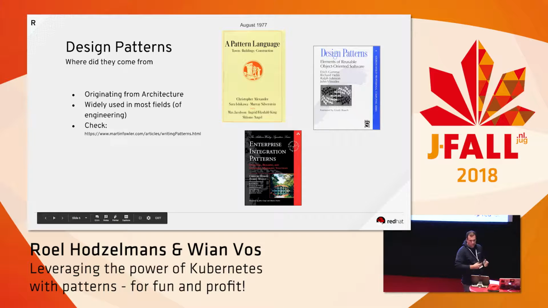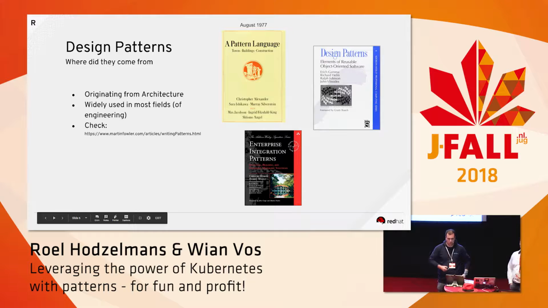We've got a long tradition, even outside the software world, but in the software world, you see some of the most common ones up there with the Gang of Four, the design patterns, and the enterprise integration patterns by Hohpe and Woolf. Actually, if you look at it, it's not really unique, but it is a way you can quickly communicate what you're thinking and where you need to look for your solutions.